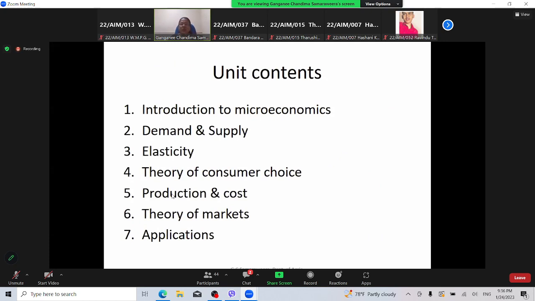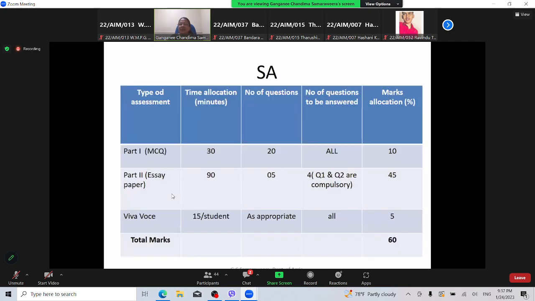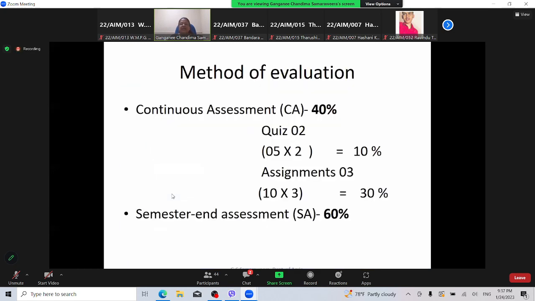Did you get this before or not? Do you have the course capsule with you? Course capsule means these contents and all. Do you have this before? Maybe it's not clear to you all. Did you get the assessments and all before, or should I share them in my PPT?